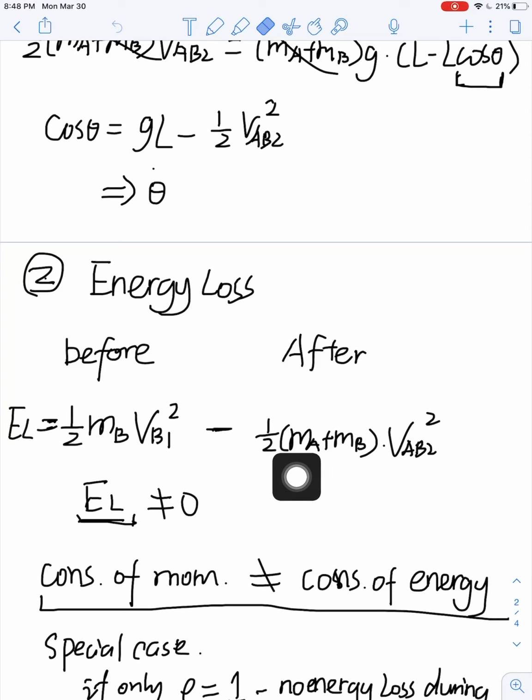And that energy minus the energy left in the system right after impact, which would be 1 over 2 times the sum of the masses of A and B times the speed they're traveling, VAB2 squared. You'll realize the energy loss, the difference between these two, is not equal to 0, and that means we do have energy loss during the impact.